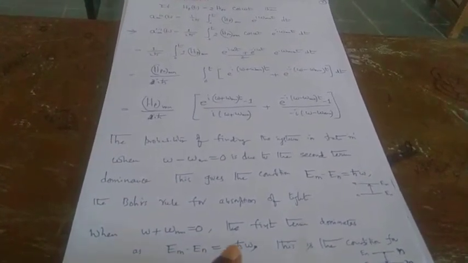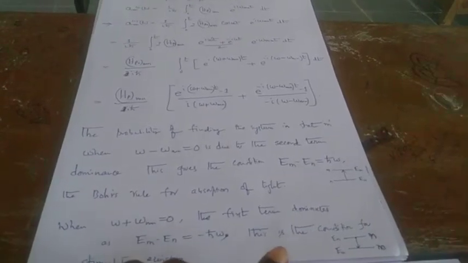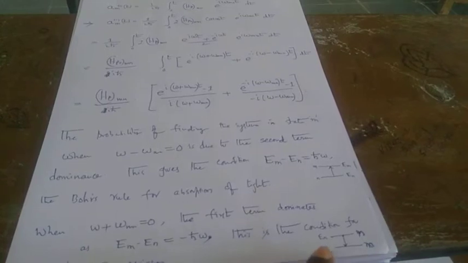In that case, E_m minus E_n is equal to minus ħω, and if you rearrange this, we see that E_n equals E_m plus ħω. So this will be the condition for transition of this system from level n to level m. So it is a condition for stimulated emission between the levels n and m.